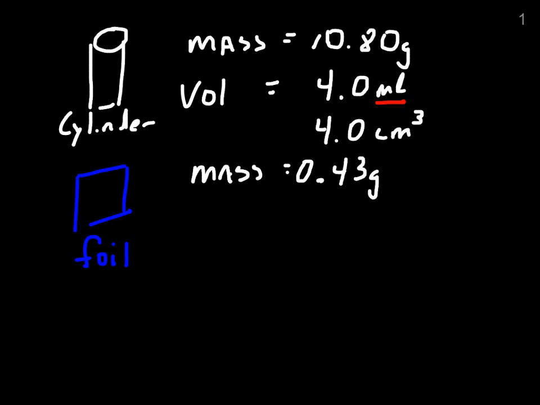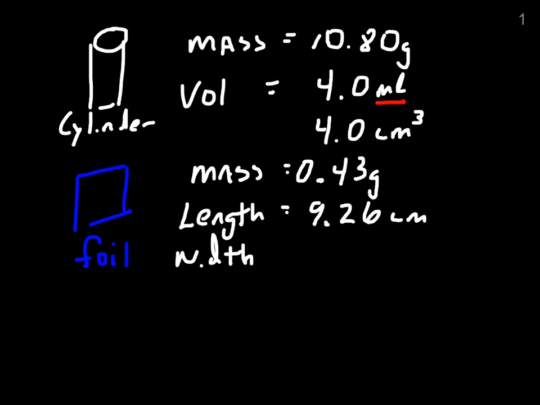You also had the length, and if you used the ruler right, you would have gotten something like 9.26 centimeters, and the width of, say, 10.31 centimeters. So we knew the length and the width. What we were missing was the little teeny thickness.